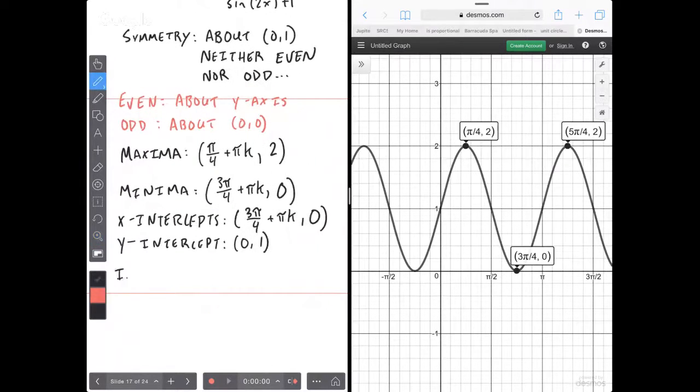So it's increasing on the interval from every minimum point, 3 pi over 4 plus pi k, to a maximum point at 5 pi over 4 plus pi k.